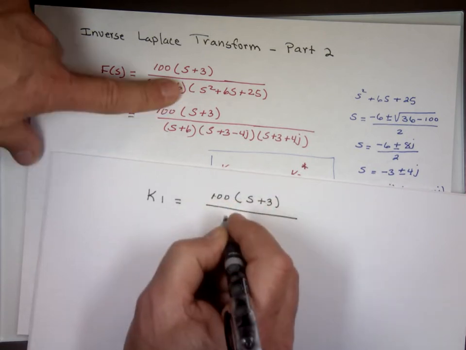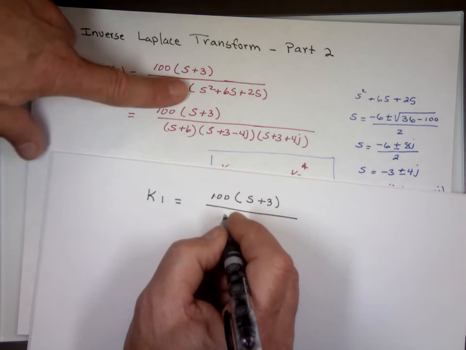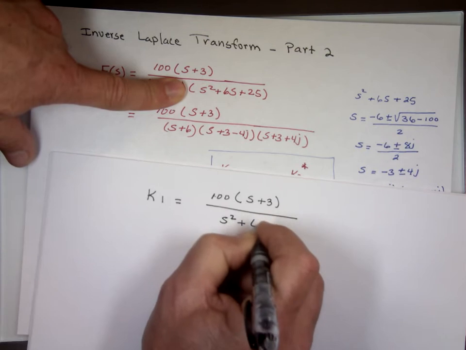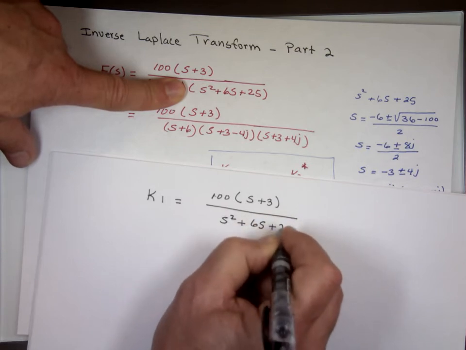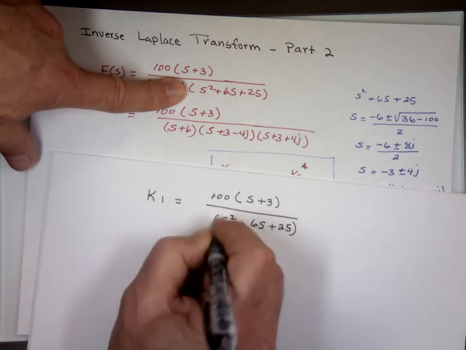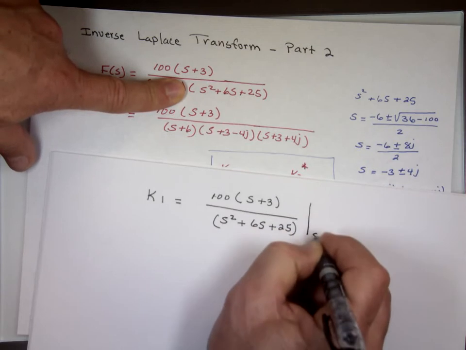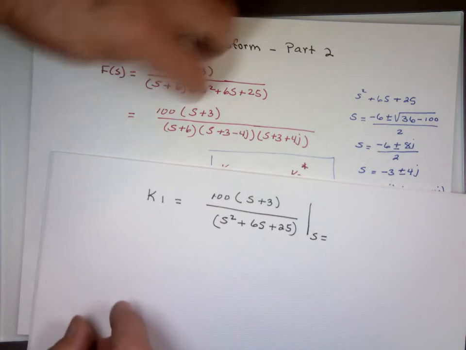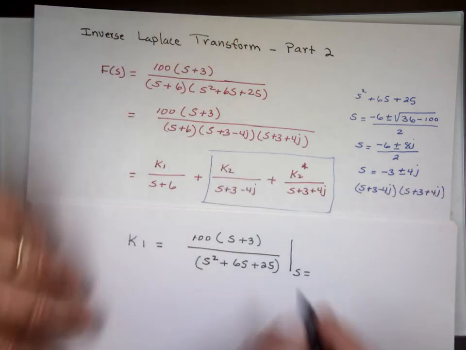I can either use the top or the bottom, it really doesn't matter, but the top would be easier in this case. And you want to find the value of that when S equals what? What value makes S plus 6 zero? Negative 6.